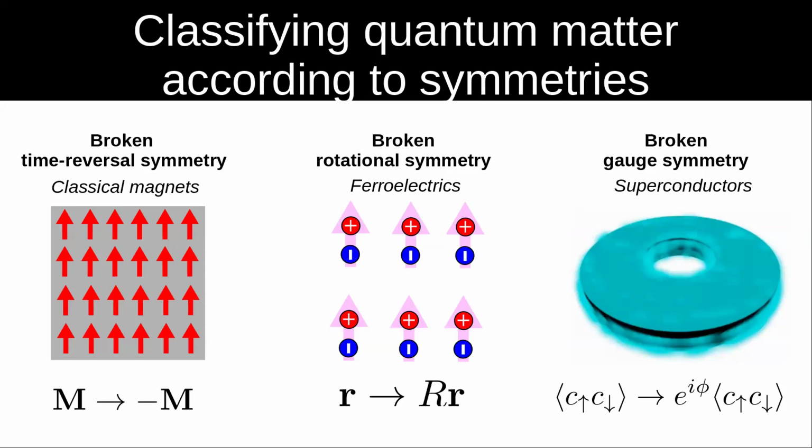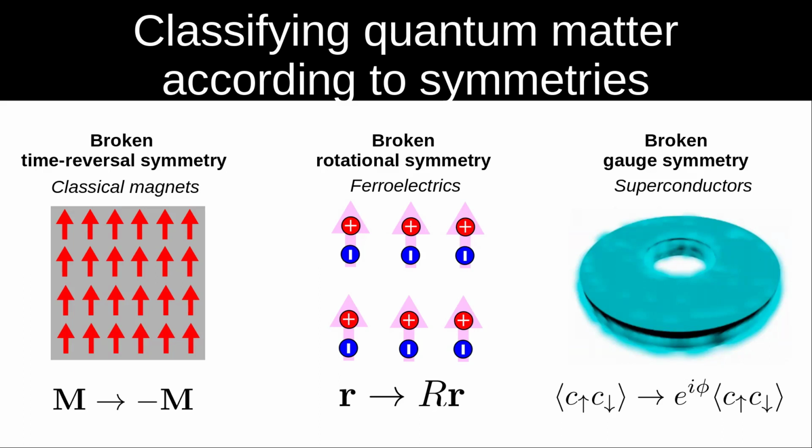For example, if you think about time reversal symmetry, which is essentially the symmetry that brings time to minus time, or velocity to minus velocity, or angular momenta to minus angular momenta, then magnets essentially break time reversal symmetry. This is just because the angular momenta that you have in a magnet, the magnetization of a magnet, is odd under time reversal symmetry.